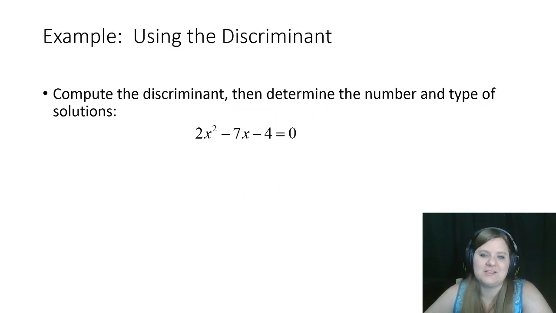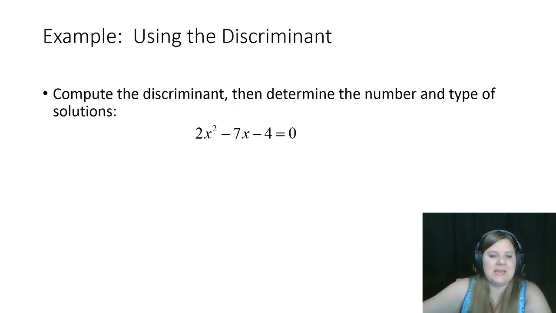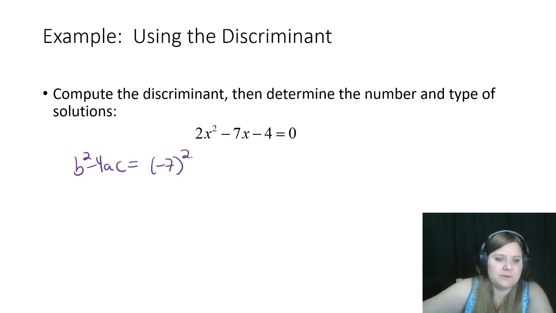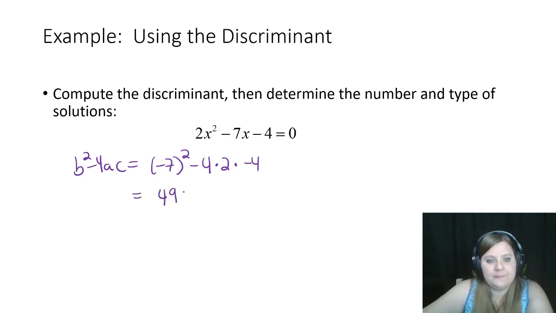All right, now let's look at that example. So in this case, I have b squared minus 4ac. Well, b is negative 7, so I have negative 7 squared minus 4 times my a is 2. c is negative 4. Okay? Negative 7 squared is 49.